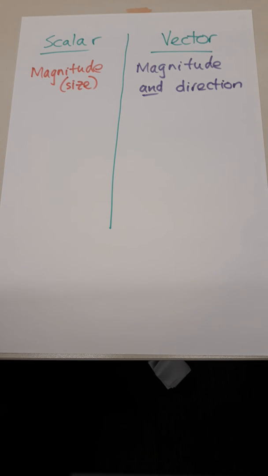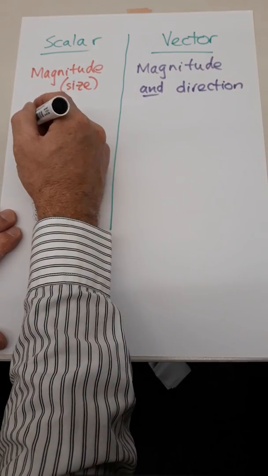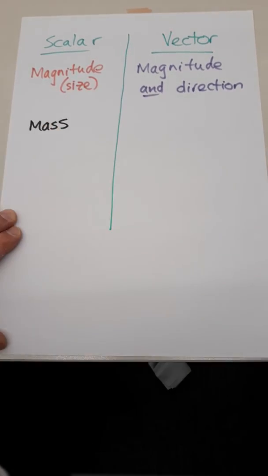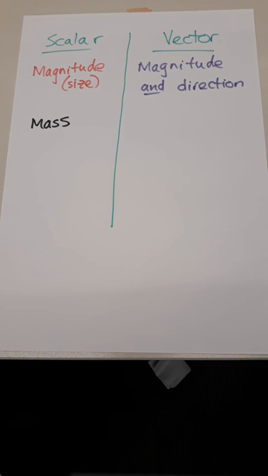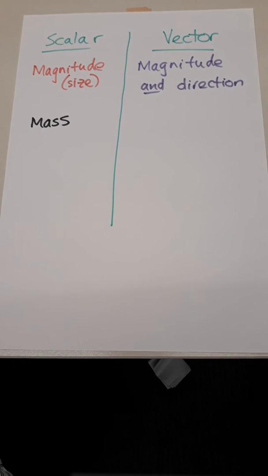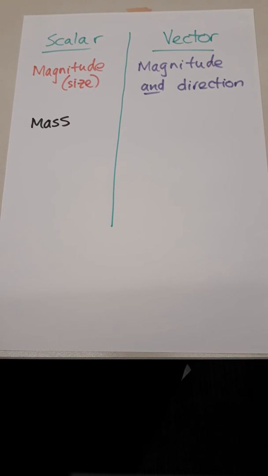So some examples of things that are scalar might be mass, which is what that 5 kilogram object was. It's just 5 kilograms. It doesn't act in any way, but as soon as the force of gravity acts upon it, we now have a force that we call weight, and that weight is acting, well, in this case, downwards towards the centre of the Earth.